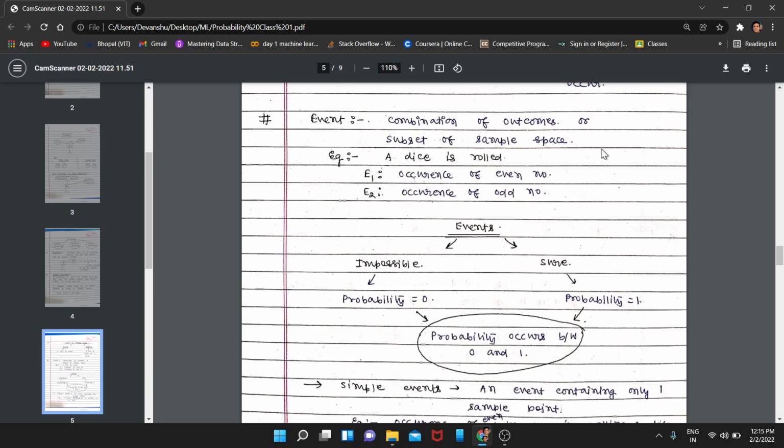Now, there are four types of events. Normally, if we look at an impossible event, it means an event which can never happen. Without an aeroplane, you cannot fly, so the probability is zero. I am just giving an example.